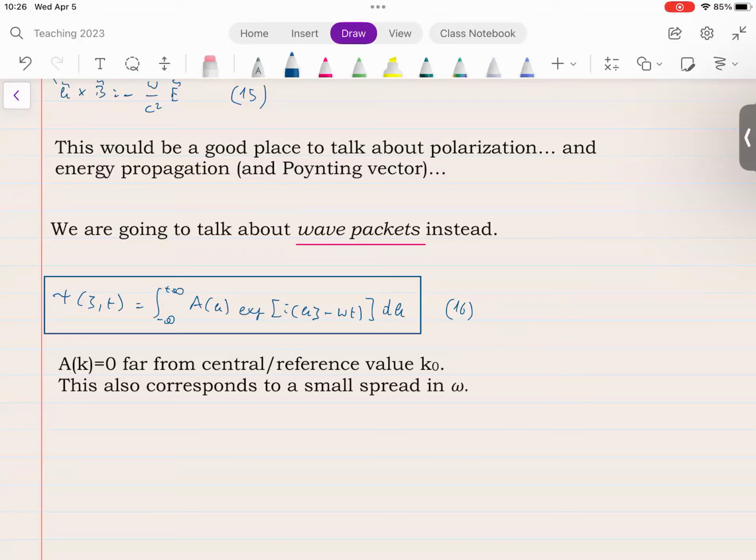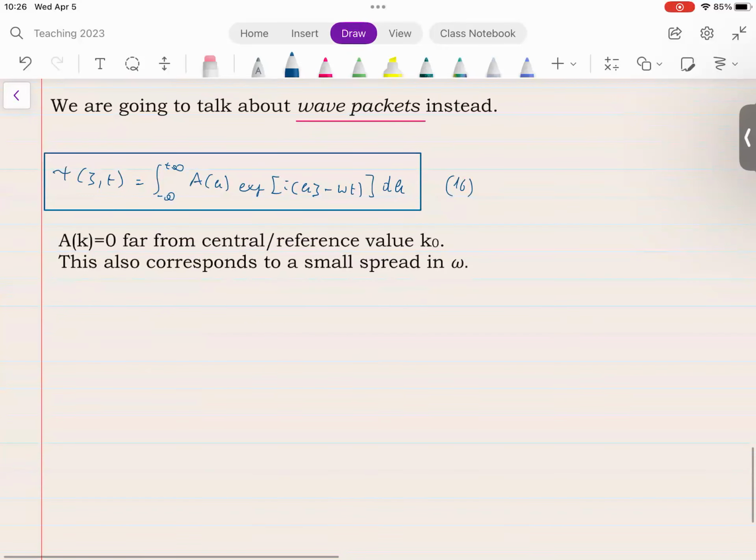Now, what we can do, I'm just thinking how deep we want to go. Well, what you do is take Fourier transforms and use properties of the Fourier transform to calculate A of k. And I'm not going to do the math.